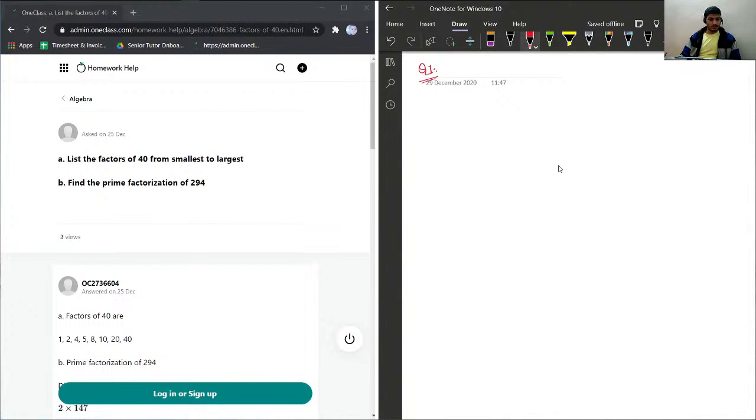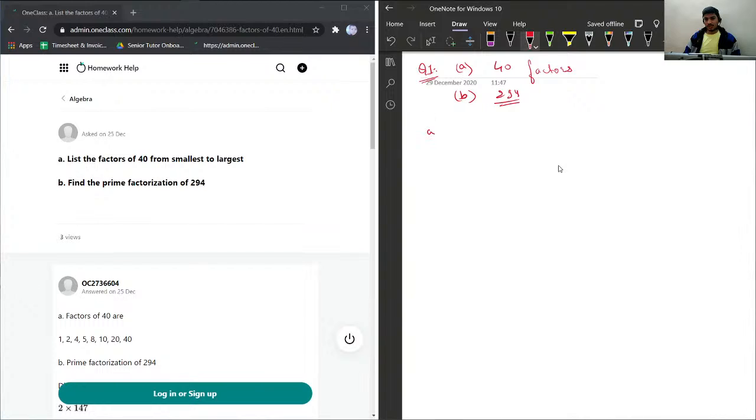We have the first question. It is in two parts. We need to list the factors of 40 from smallest to largest, and the B part is we need to do the prime factorization of 294.